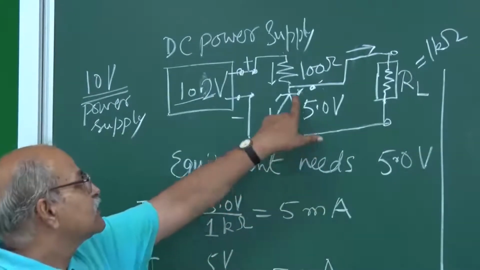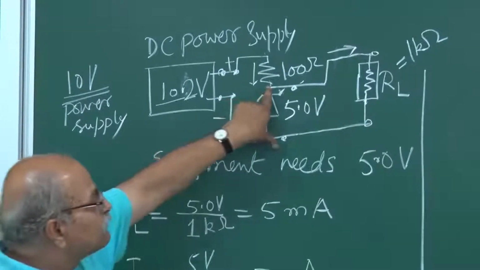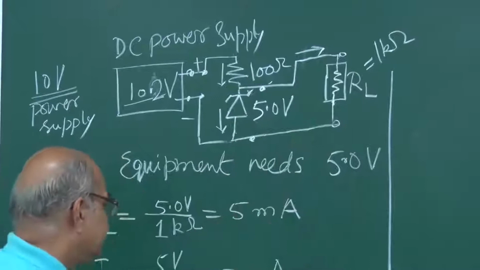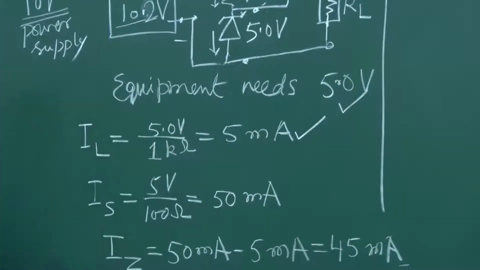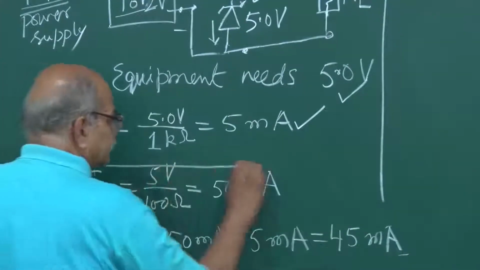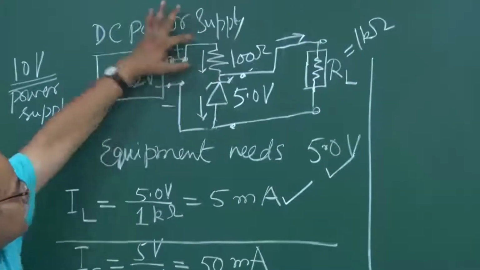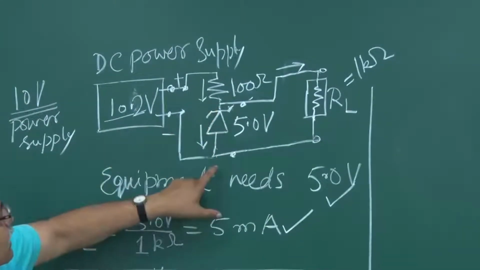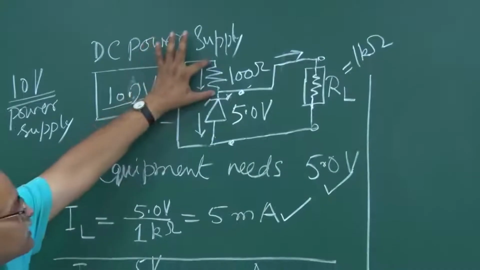Now this is 5.0 volt, no change, and therefore the current here is 5 milliampere. Up to here everything is fine. IS, there will be a change in IS. What is IS now? How much is the voltage here? This is 10.2. Out of this, 5.0 is here. So what is left? It is 5.2. So now this is 5.2.